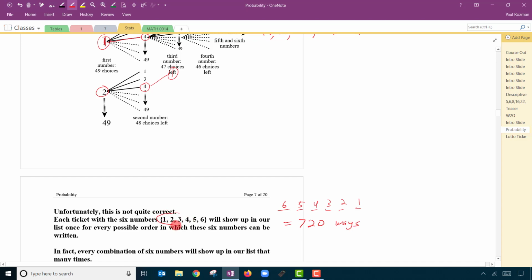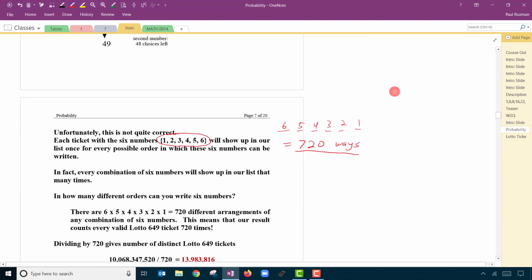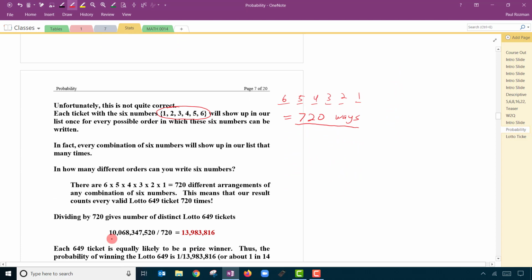So this group of 1, 2, 3, 4, 5, 6 can happen 720 different ways. So each group of 6 got counted 720 times. So to fix that, we can just divide our 10 billion by 720.